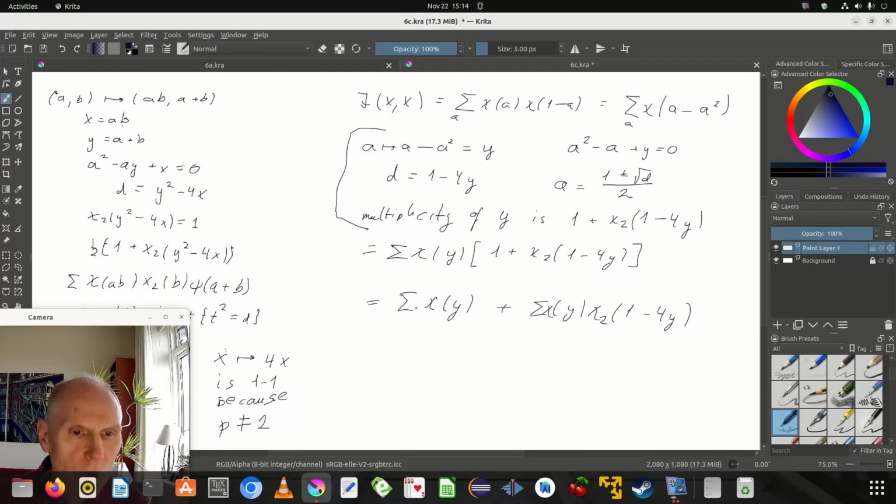Yeah, this vanishes, of course. And then we put 4 in here and take 1 divided by chi of 4 outside. So that's 1 divided by chi of 4 times J of chi 2.